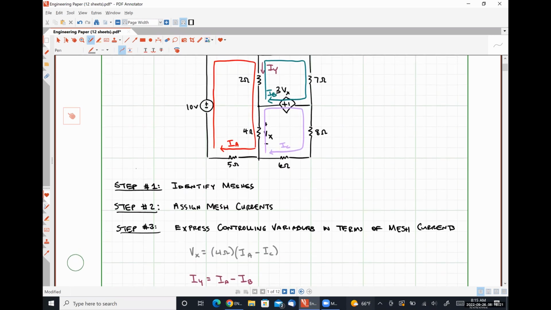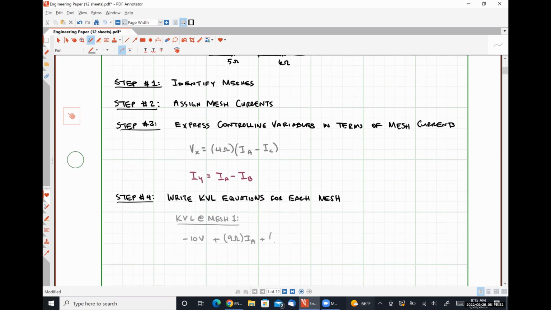So when following mesh current IA around, IA gets the positive sign and anything in the opposite direction gets the negative sign. So that's 2 ohms times IA minus IB.